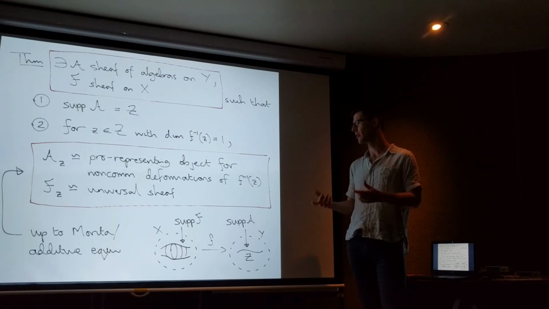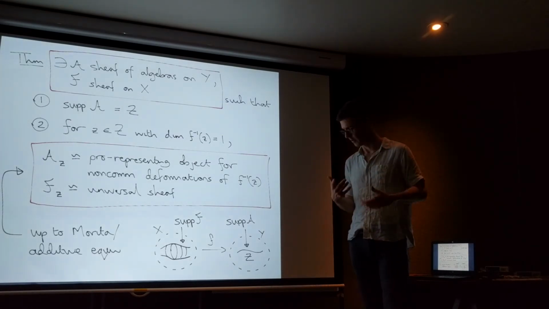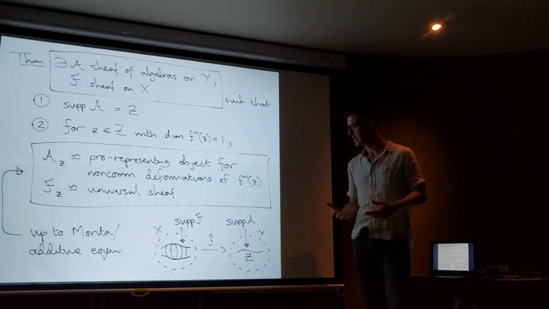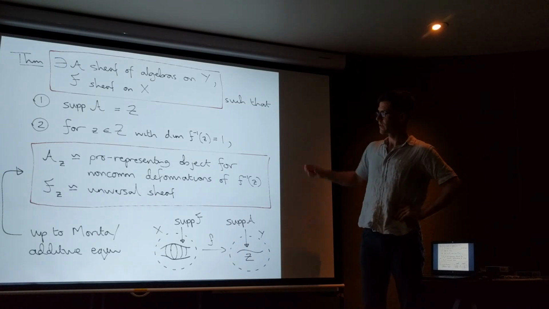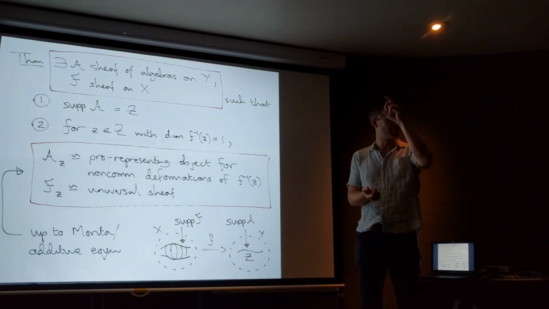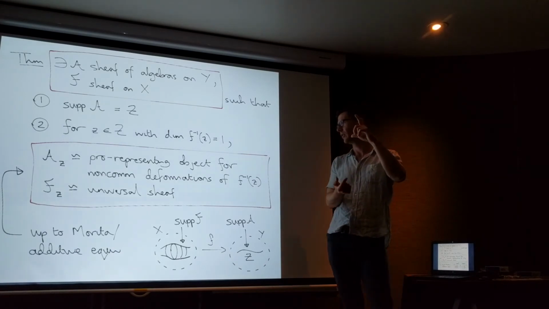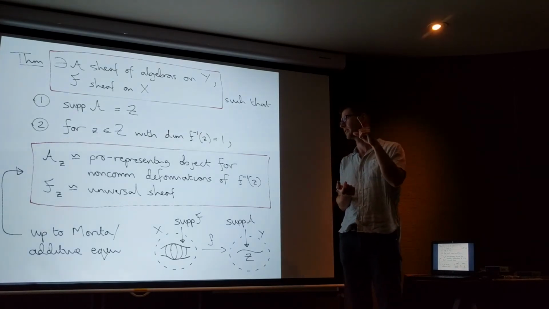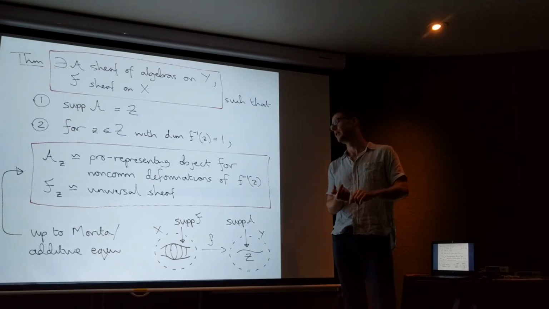So what do I mean by that? On the next slide, I'll give an application of these objects to autoequivalences of X, which is the reason for thinking of them as natural objects. But in this case where the fibre is a curve over the point Z, the localization of A on the base is the pro-representing object for the non-commutative deformations of that fibre.